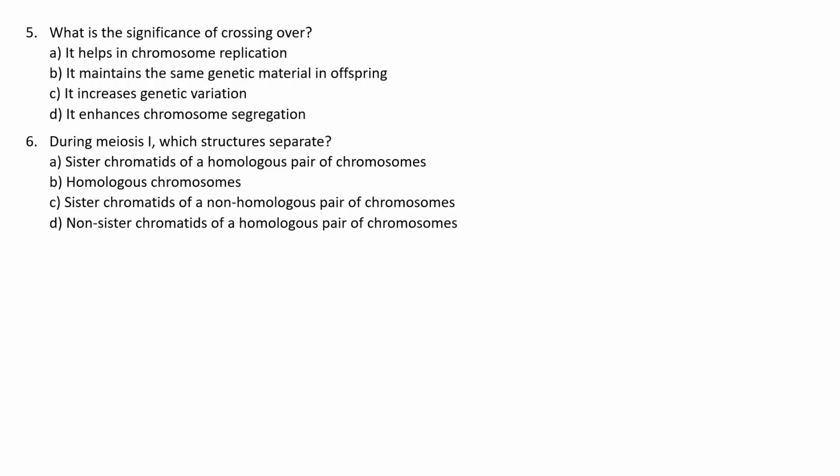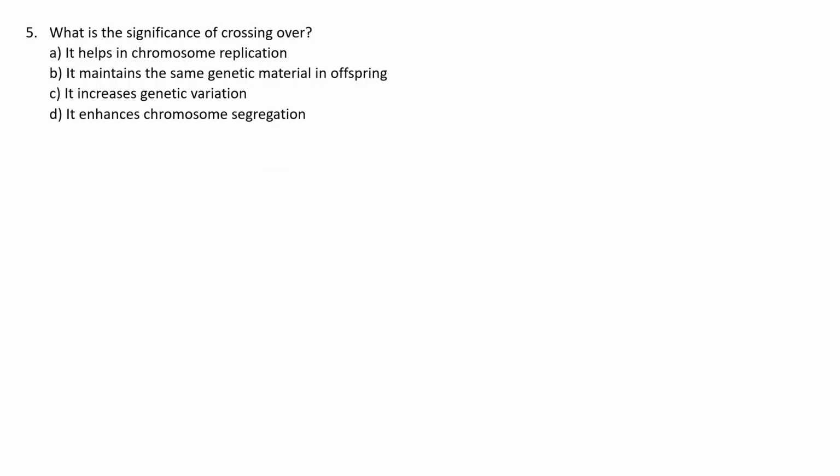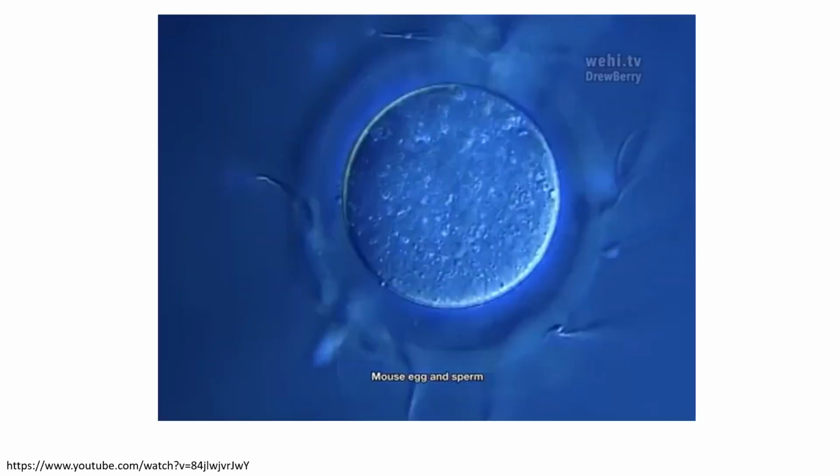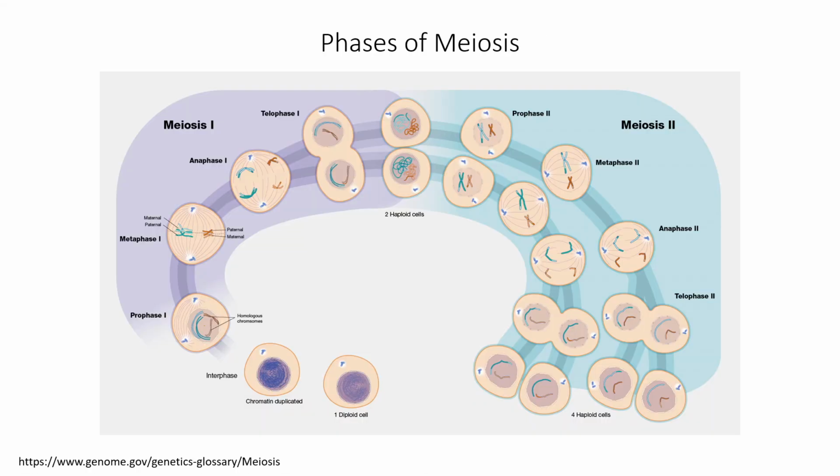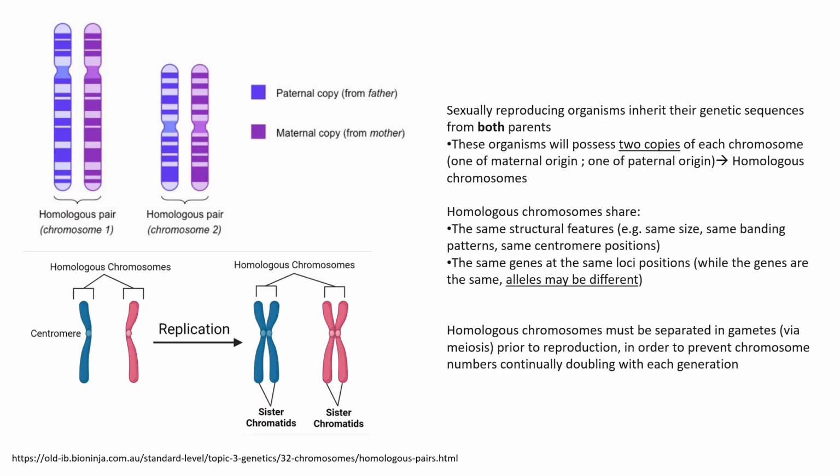So in meiosis 1, I mentioned, right? Let's just go back to how it looks. In meiosis 1, I think this might make it clear. You have a homologous pair of chromosomes, and this homologous pair, let's look at this lower one.